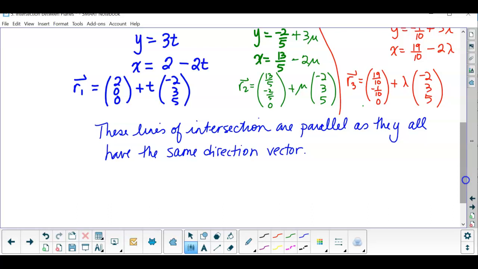Okay, so we know they are all parallel. We did check to see if a point from R1 lies on R2.